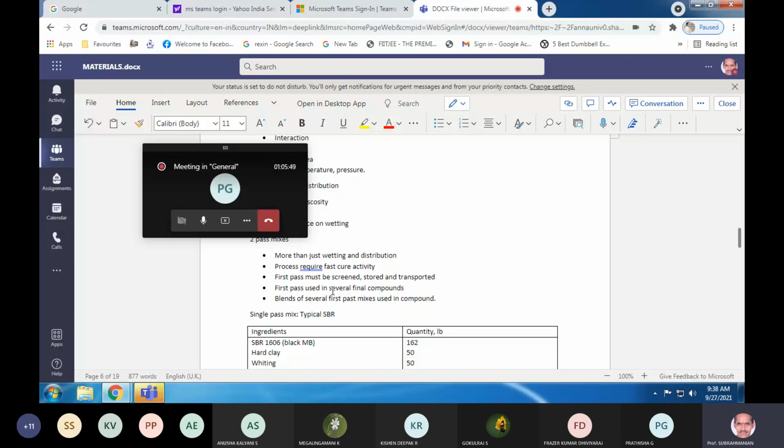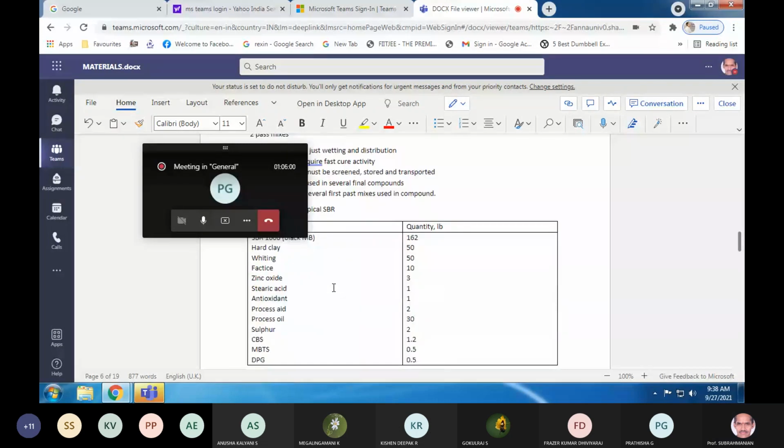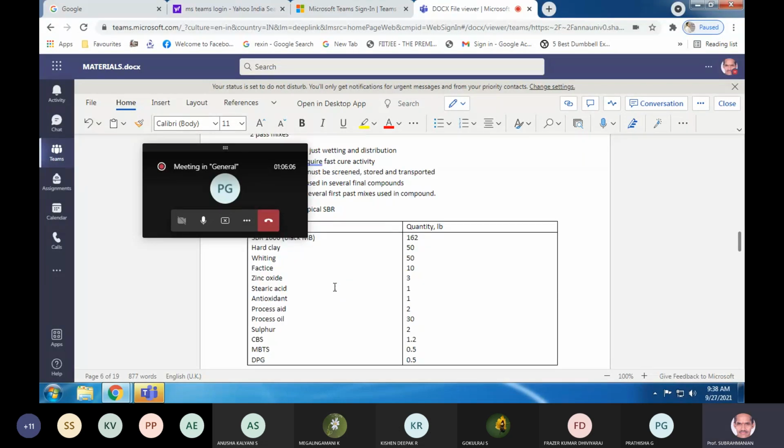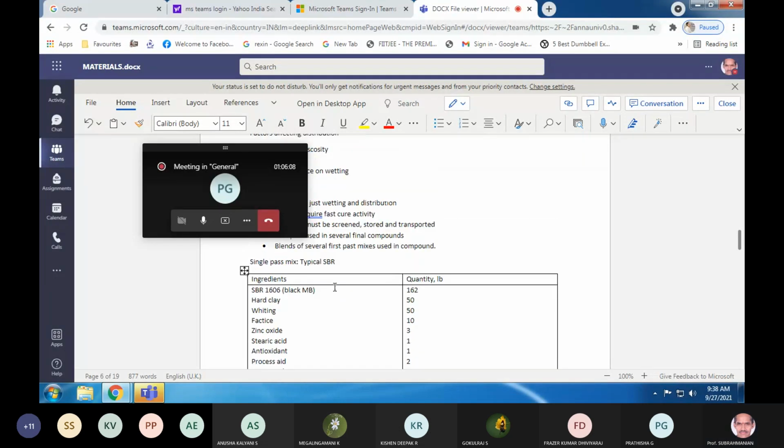And when we make a blend of rubber, two-stage mixing is also practiced. Right. In contrast to the two-stage mixing, this particular table is a typical recipe of a single-stage mixing.